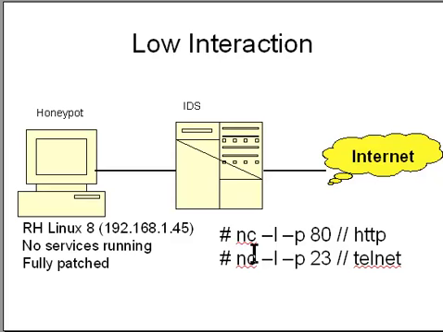What we can do is use Netcat, which we have talked about before. It's a simple little tool that transmits TCP or UDP packets across the network, and we can set that up to listen on various ports. So Netcat listen on port 80, Netcat listen on port 23, Telnet.